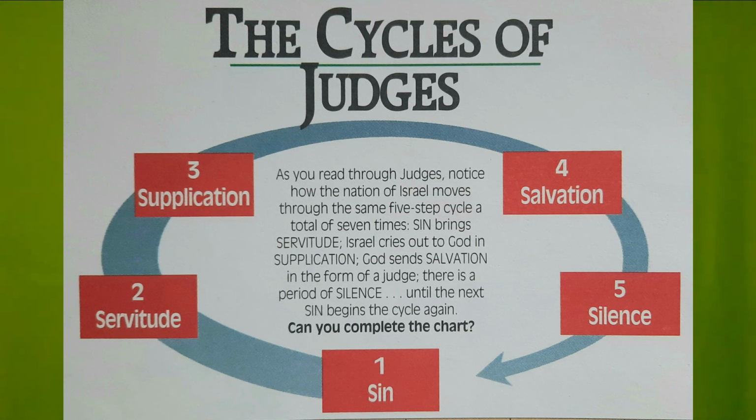So that is sin, servitude, supplication, salvation through the judge, and then a silent period. But after some time, again they start the same cycle: sin, punishment, servitude, crying, and God sends a judge and saves them, and again peaceful days. This cycle repeats 7 times in the book of Judges.